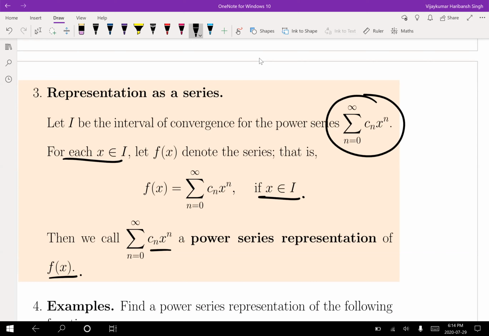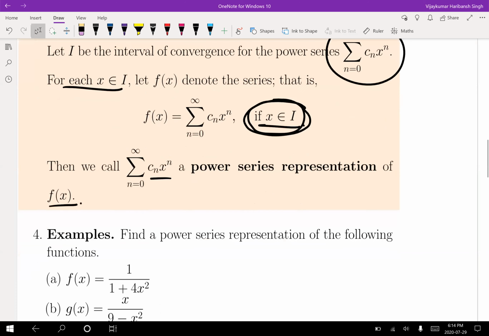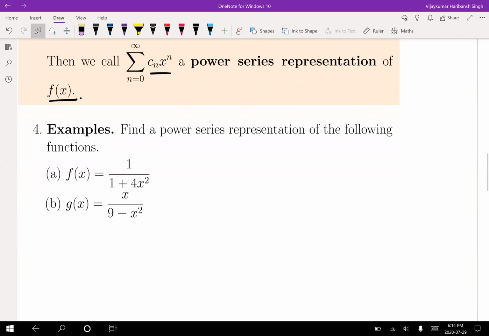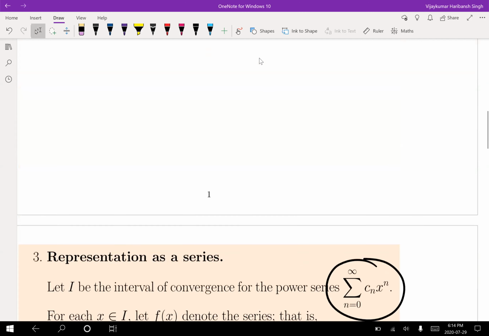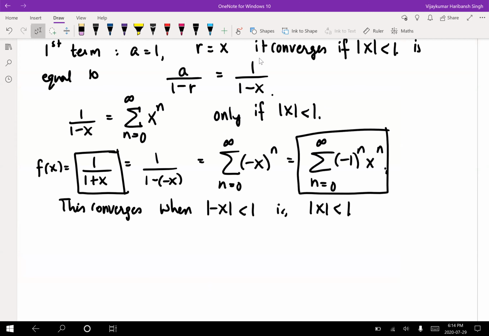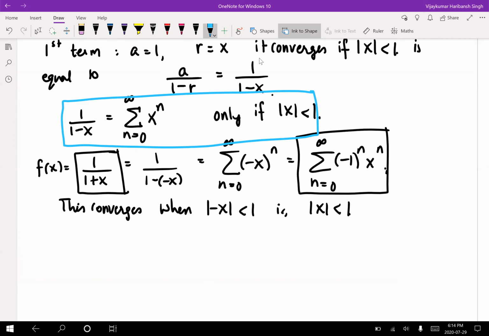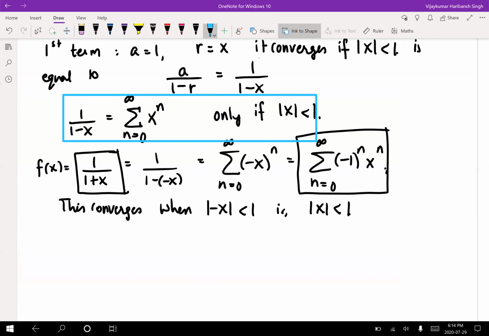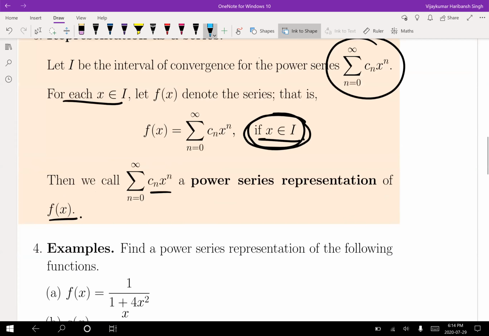Now note that it's important that when you are representing your function as a power series, it should converge at that point. Otherwise, it does not work out. In this lecture, we will use this series to our advantage, namely for all the computations. Okay, so let's see about that.